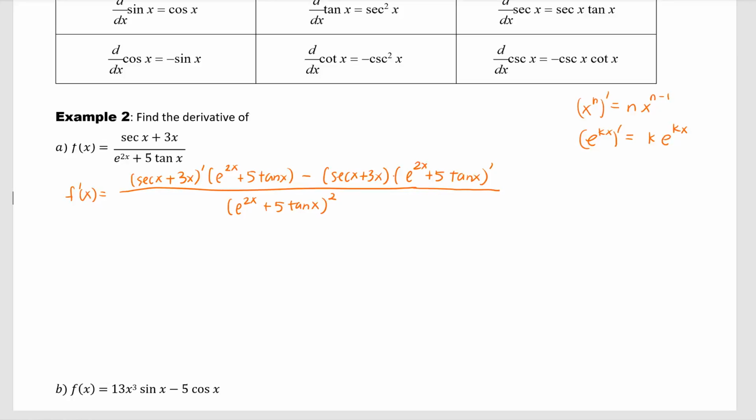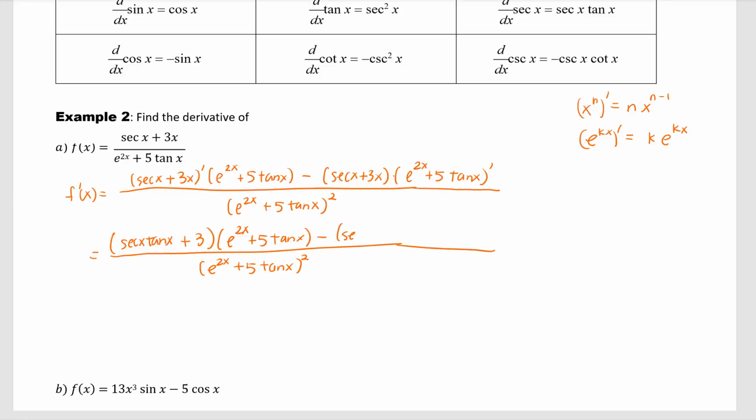Okay, so let's continue. So the bottom we have this. And let's find the derivative of secant x. Well, secant x derivative is secant x tangent x. Okay? Derivative of 3x is 3. Don't forget the parentheses, okay? And we just copy this down.